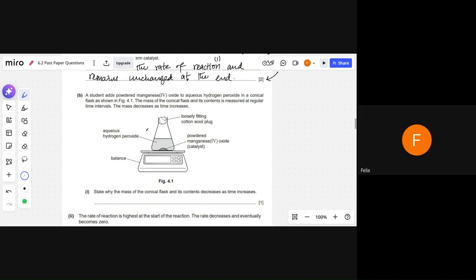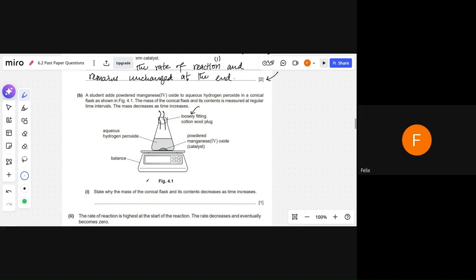If you look at this diagram, you can see that it says a loosely fitting cotton wool plug. So it means that the oxygen gas that is being produced can escape, because it clearly says it's a loosely fitting cotton wool plug. It will not be able to prevent the oxygen gas from escaping.